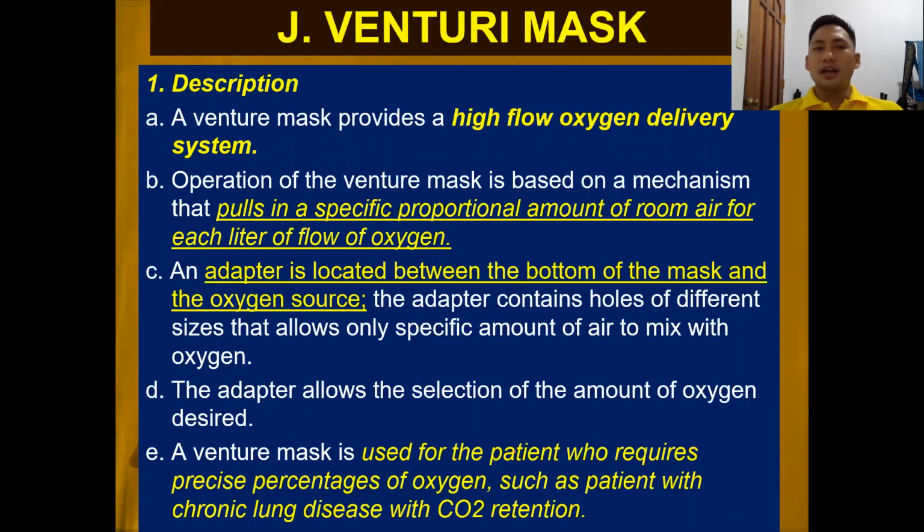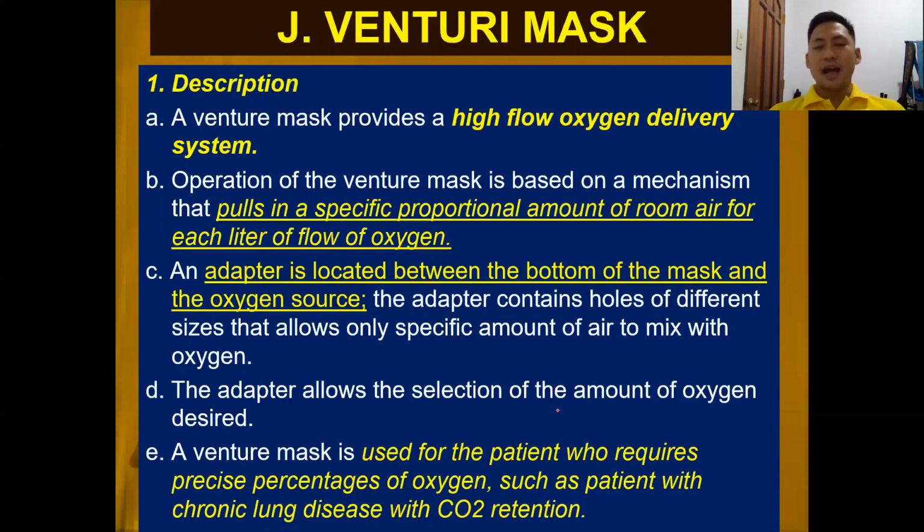So one of the devices which delivers a high flow system is a Venturi mask. Among all oxygen devices, the Venturi mask provides the most accurate fraction of inspired oxygen, which is a high flow oxygen device.